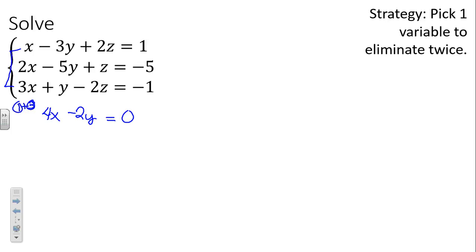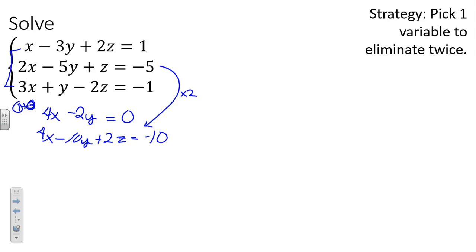Okay, so which one do you want to use the middle equation with, top or bottom? Bottom? Okay, that means that we're going to multiply this one times 2. So we will have a 4x minus 10y plus 2z equals -10.